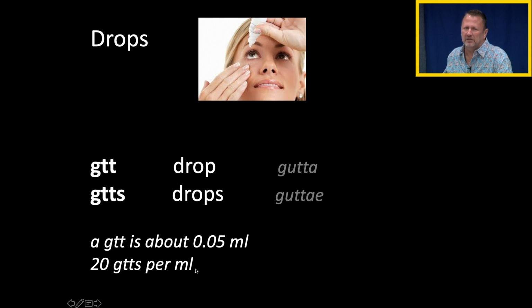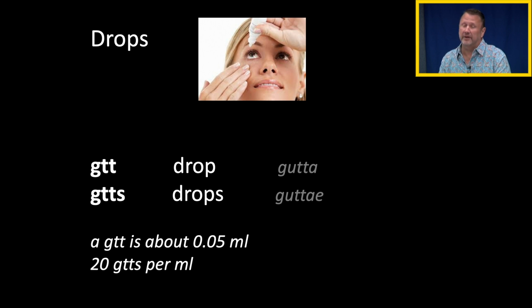Right? And so I'm giving you this arbitrarily because most unlabeled drippers, drop dispensers, drop in this manner. Each drop is 0.05 milliliters, 20 drops per mil, a 20th of a milliliter.